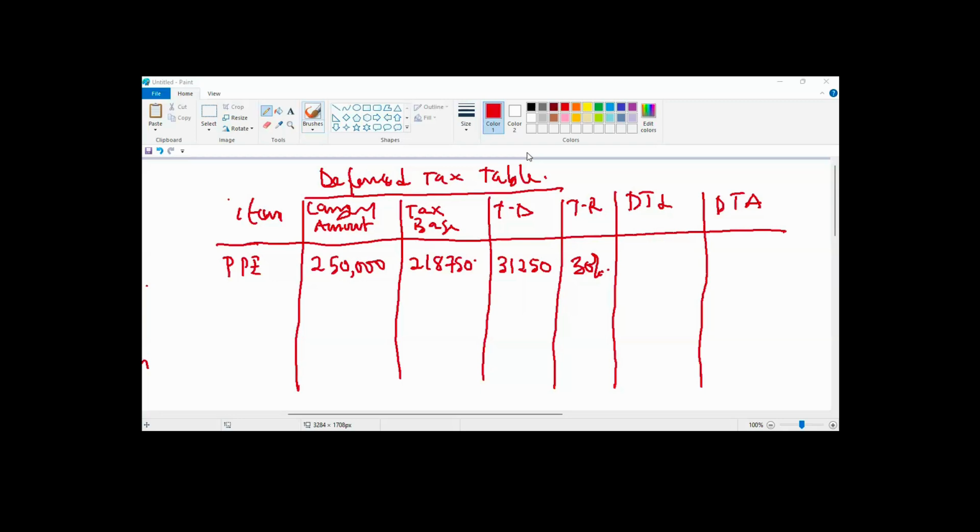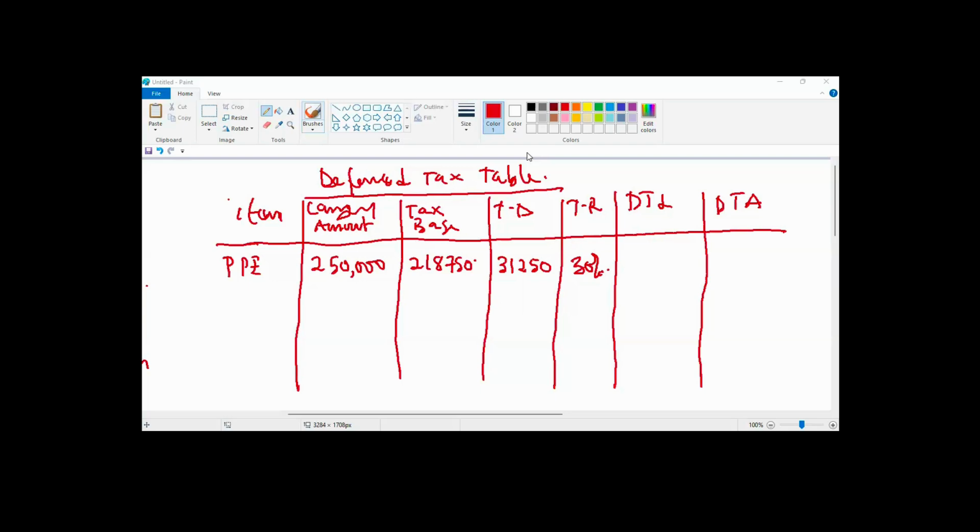Don't forget, I told you when we did this on Tuesday, I said there are only two ways you can determine what goes to the P or L, the deferred tax that goes to the P or L. It is either a charge or a credit.